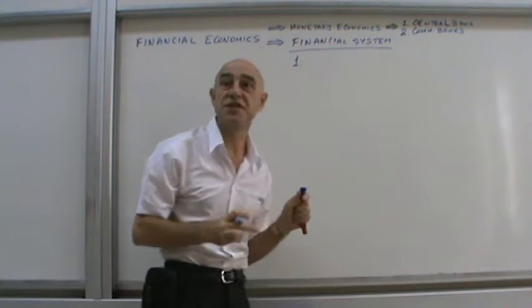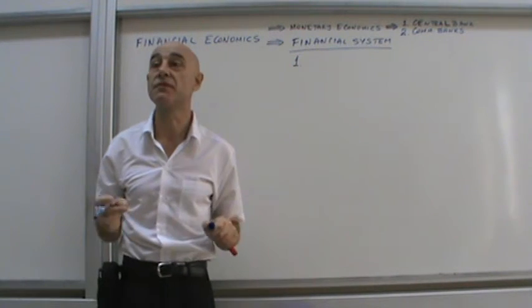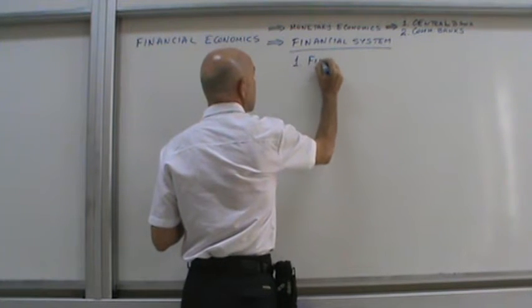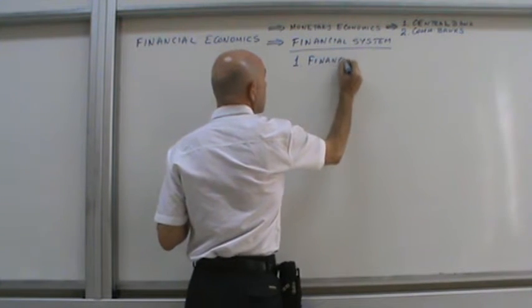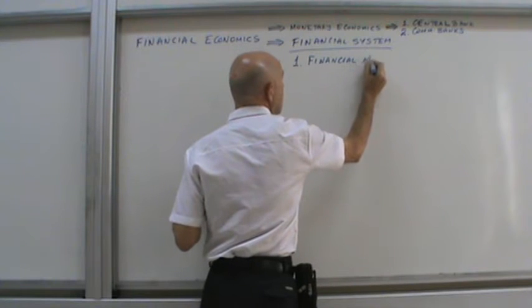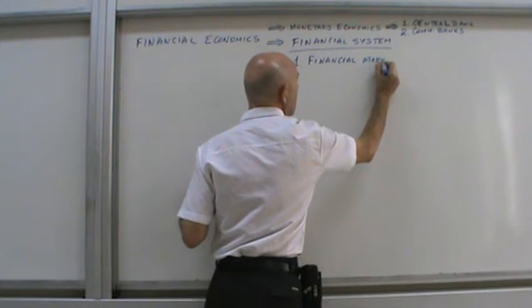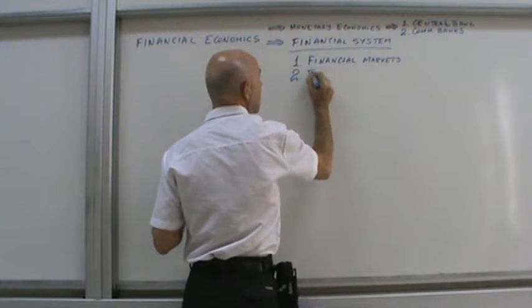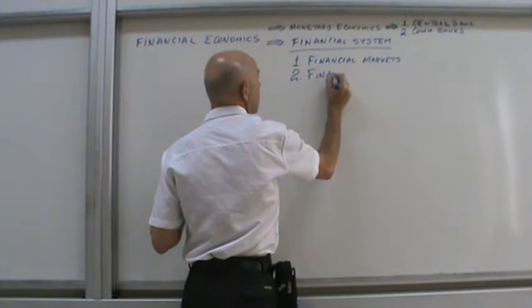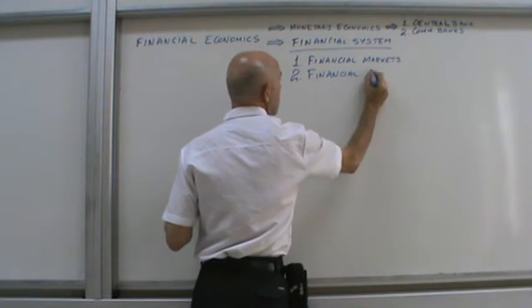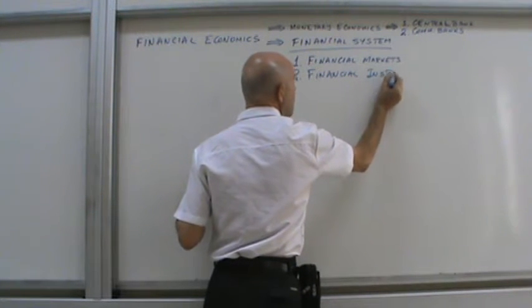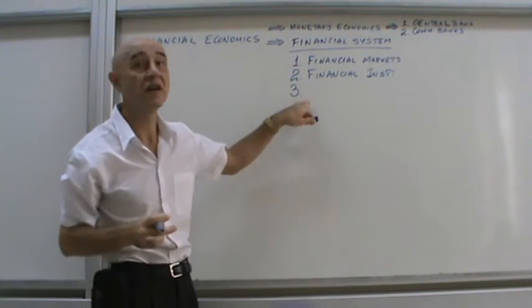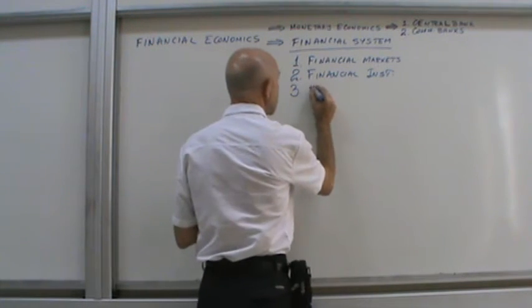And the financial system has, again, repeating from the first lecture, three elements: financial markets, financial institutions, and the third one will be financial instruments.